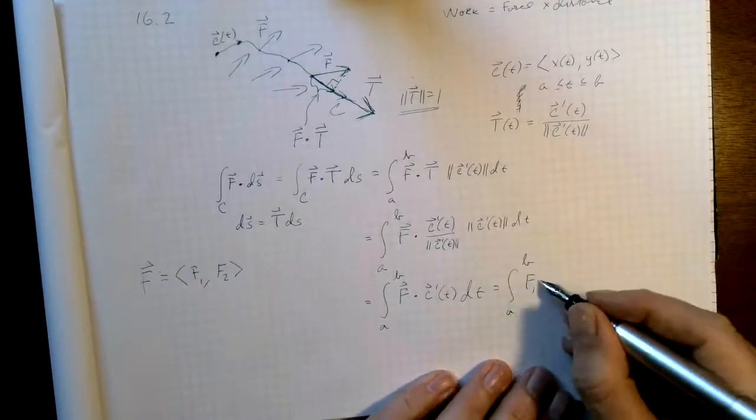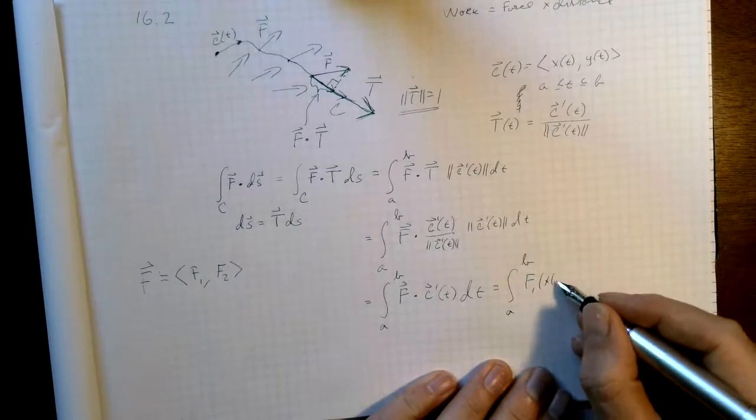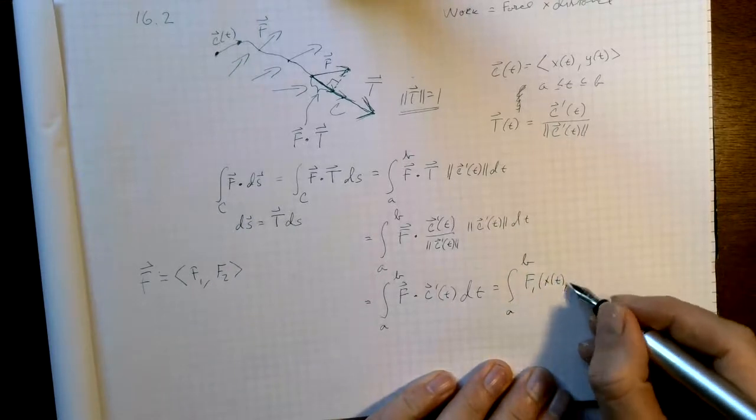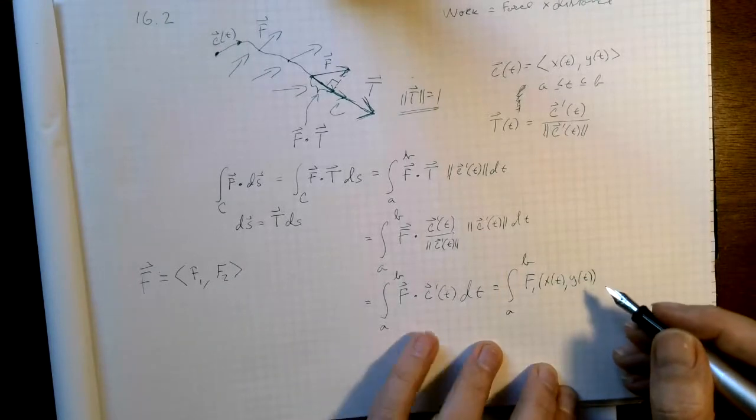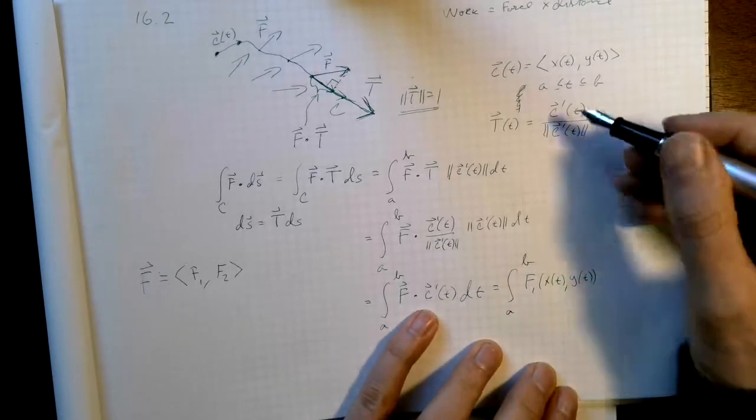So x is a function of t, y is a function of t, and then we have the first component of c prime.